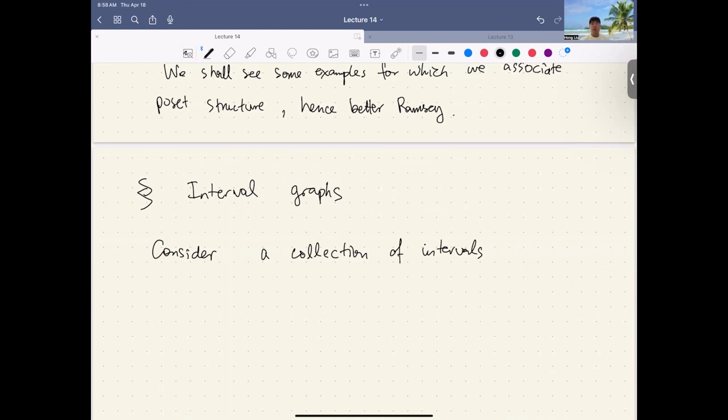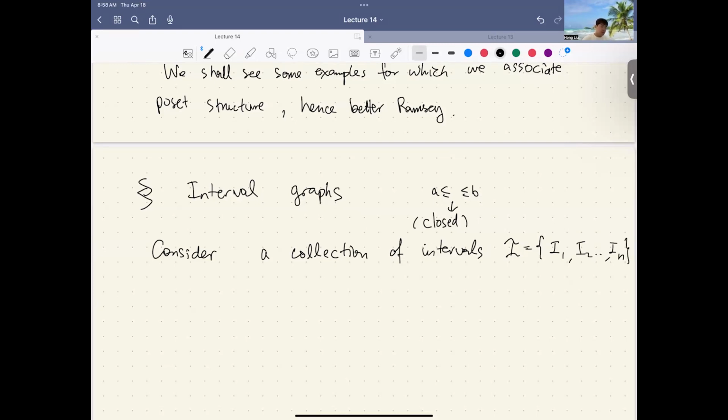Let's just assume we are looking at closed intervals. So whenever we mention an interval, we mean a closed interval from a to b, where x is greater than or equal to a and less than or equal to b. So let's call this collection I. You have intervals I1, I2, ..., In. Let's say you have n intervals.